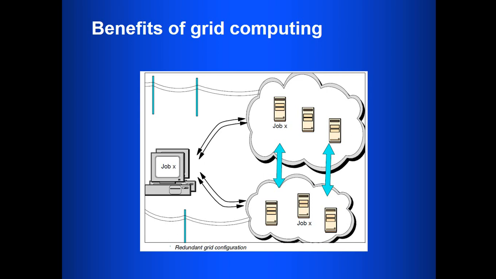Multiple copies of job X are provided, with copies on some machines in different locations on the grid.